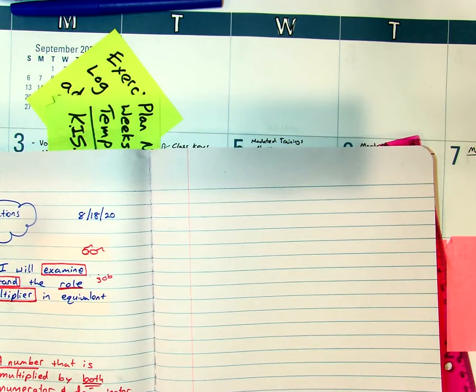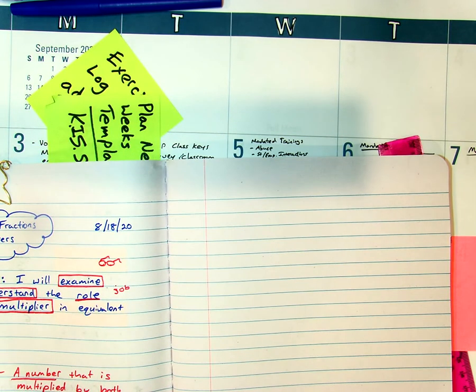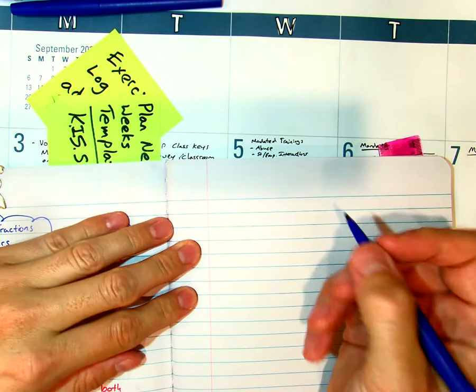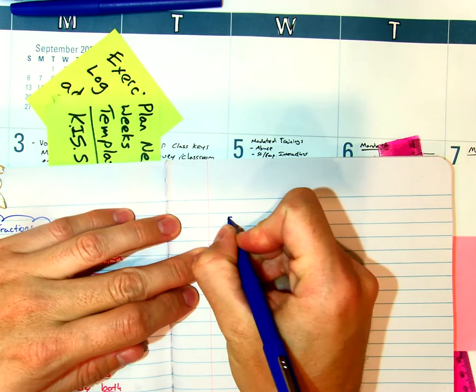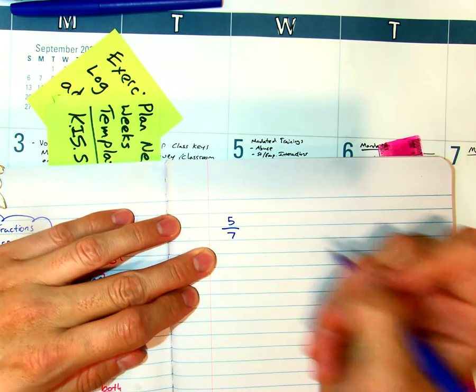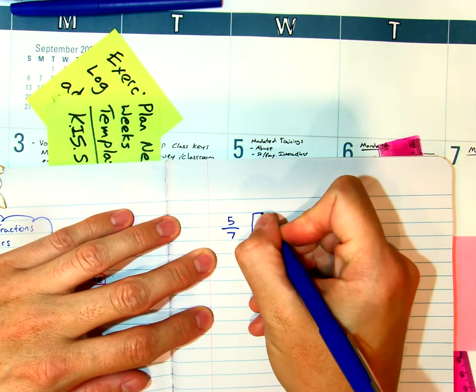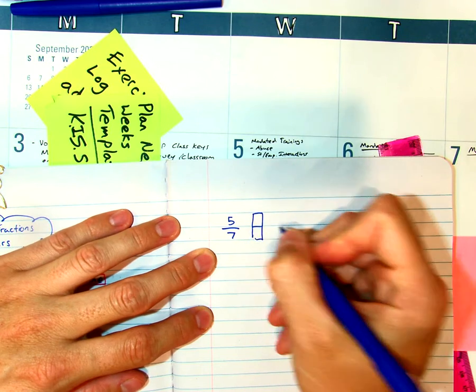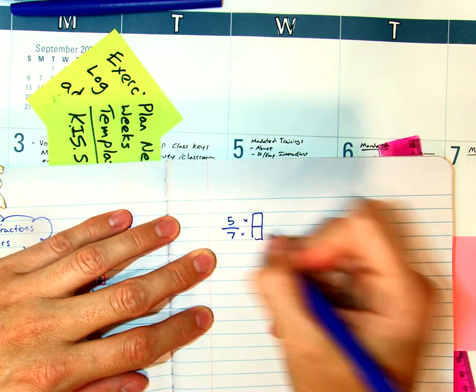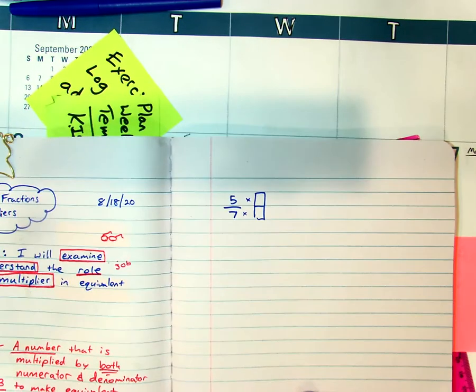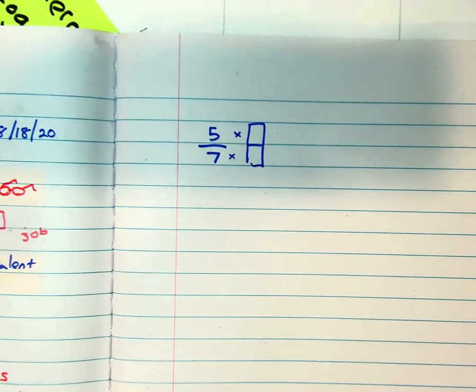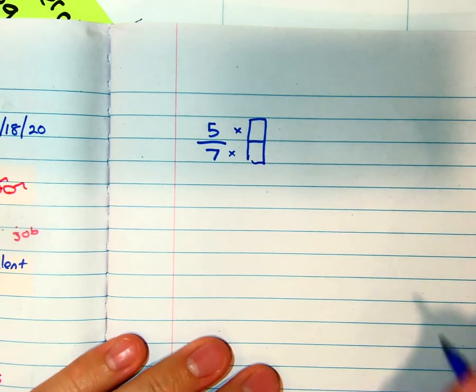Let's pick a larger fraction. Let's say 5/7. And let's go with a multiplier of, let's use a big number. Let's go with 10.